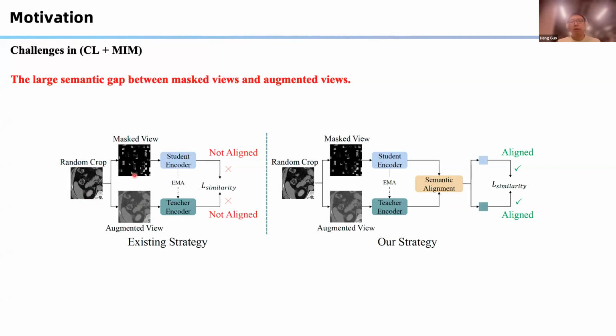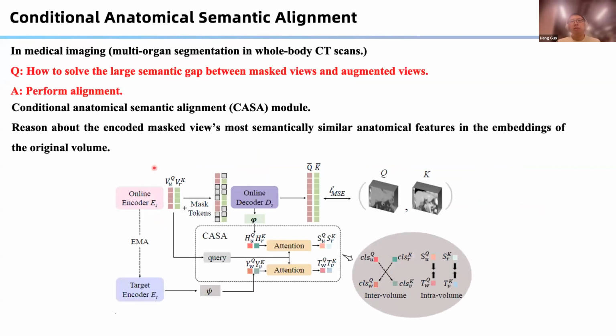Directly pulling 2 seemingly unrelated features in such a scenario may not be reasonable. Our solution is to perform feature alignment and propose a conditional anatomic semantic alignment module. We named it CASA. This is part of our pipeline.